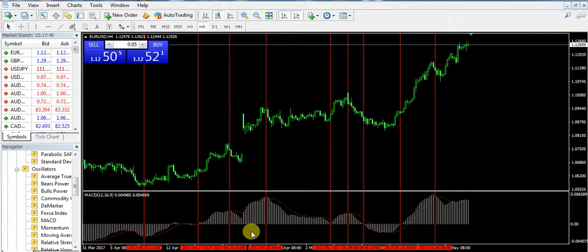Do not take it for granted, guys. Do not all of a sudden jump into the market when you see this happening and say, this is a definite. No, it is a warning, telling you that there is a probability or a possibility.